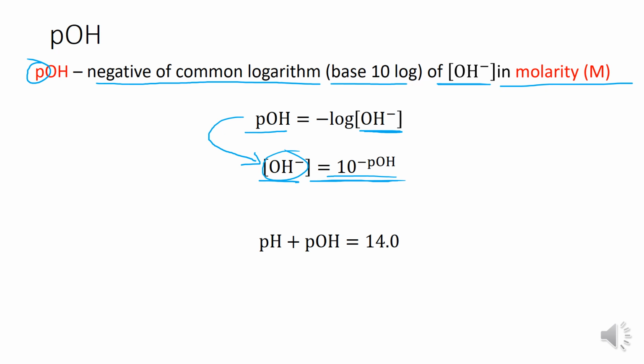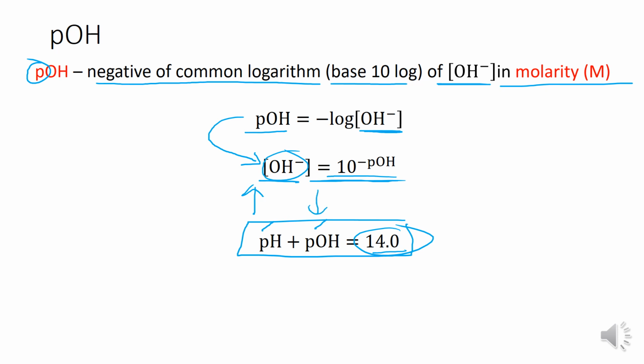So yes, this equation relates the pH and the pOH. So remember that if we add pH and pOH, we should be able to get the constant 14. So this is a constant. Therefore, if pH increases, pOH should decrease.